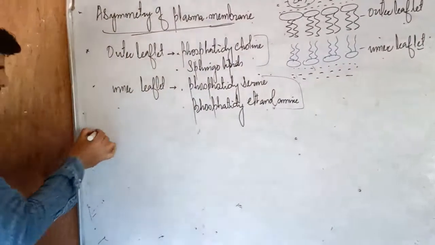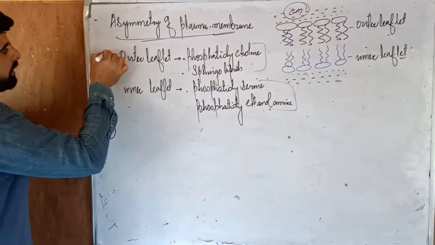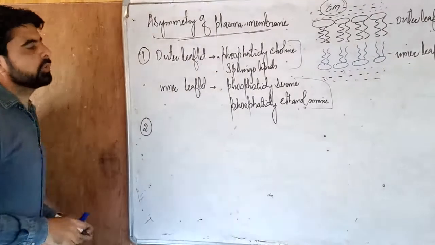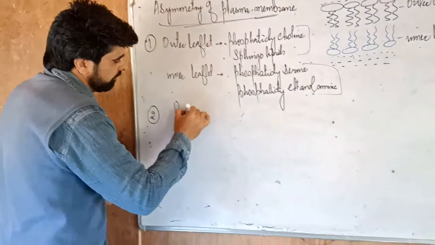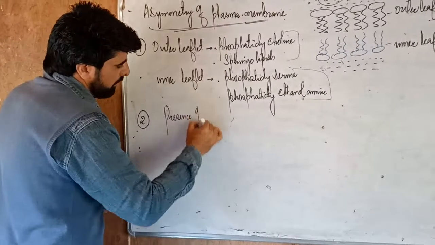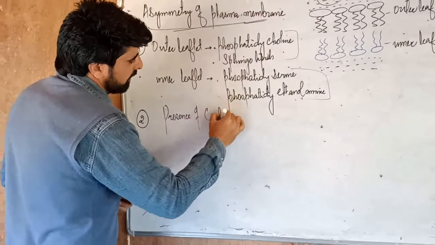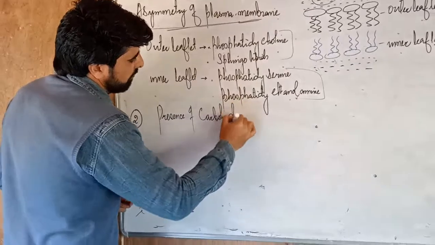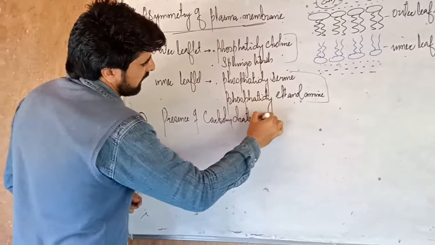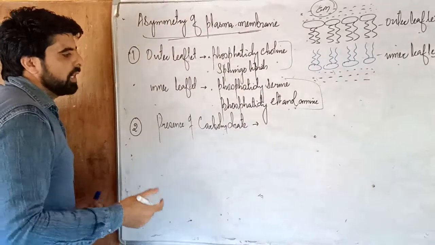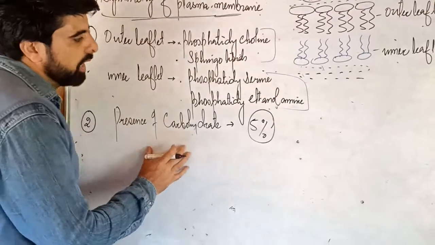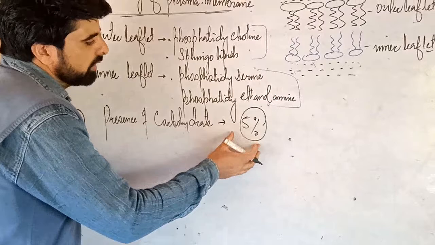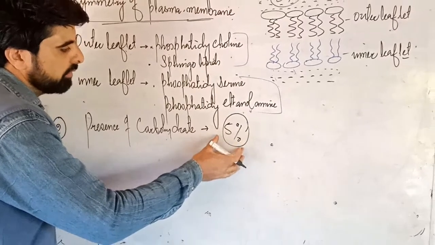The second thing on which the plasma membrane shows asymmetry is the presence of carbohydrate. I told you in my previous lecture that the fraction of carbohydrate is very small, about 5%.